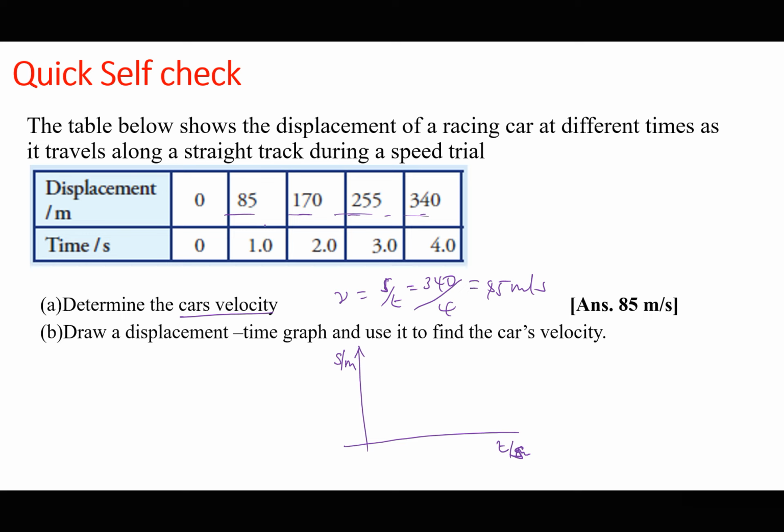Yeah, this is a perfect straight line. If you plot this, you're going to get a perfect straight line. And then if you use it to find a gradient, the velocity will be equal to the gradient of that line. You may draw a right angle triangle, take readings of 2 points, and I'm sure you'll be able to get 85 meters per second. You can try that in your free time.